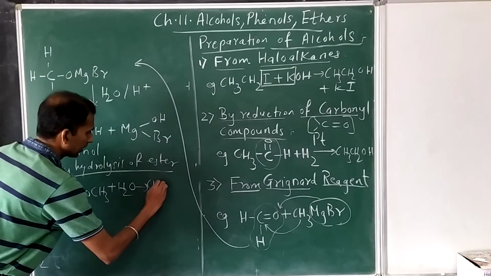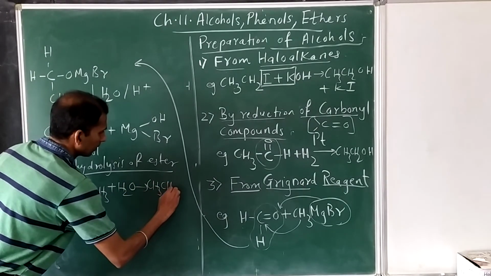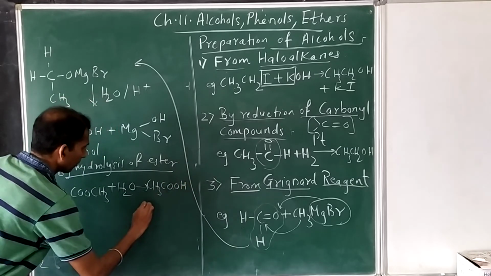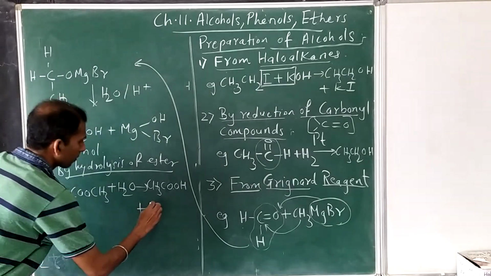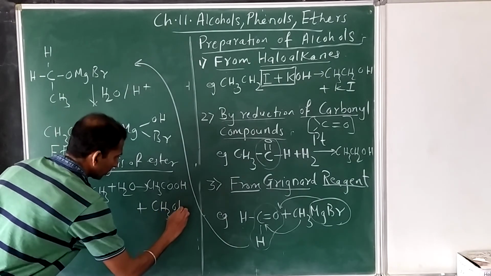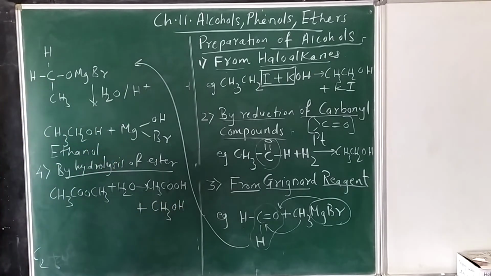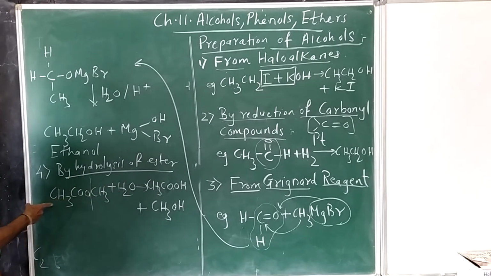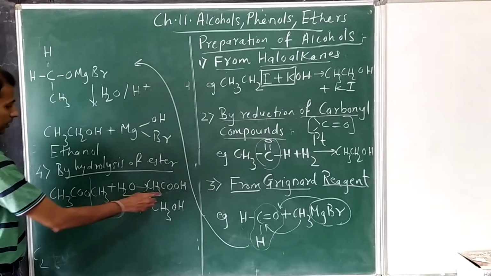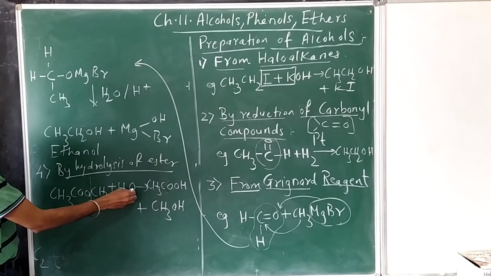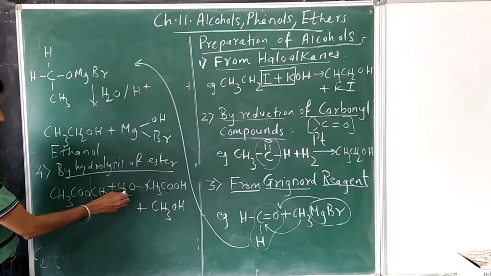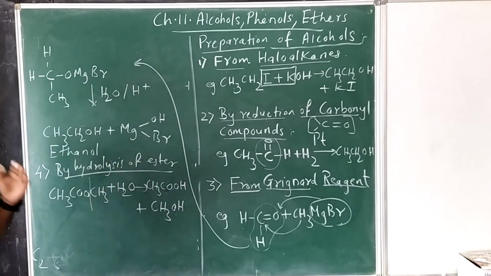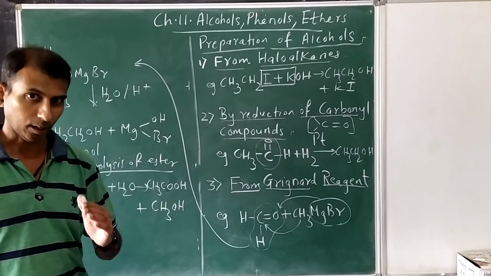So we get CH3COOH plus CH3OH. So we get an acid. One hydrogen from water gets added to the acetate group, and we get an acid, and the remaining OH group from the water molecule gets added to CH3 to give an alcohol. So this is the fourth method of preparation of alcohol.